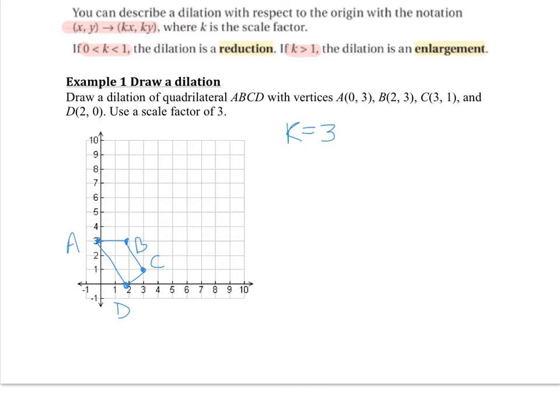So to find my image, I just multiply both coordinates by it. I want 3x and 3y. So A prime would be (0, 9).